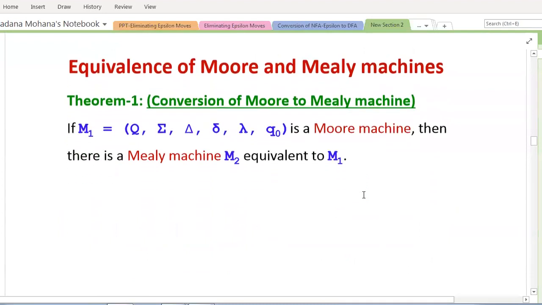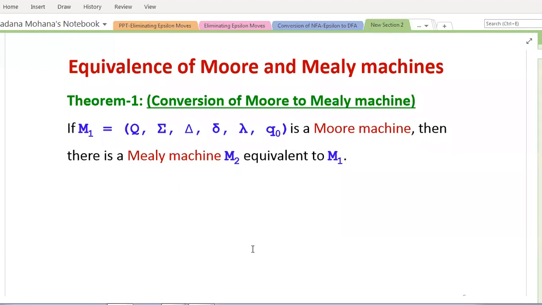For this, the equivalence theorem, conversion of Moore to Mealy machine. Moore machine means having common output for each and every state irrespective of their transitions. Then Mealy machine means for every state on every input it has a respective associated output.